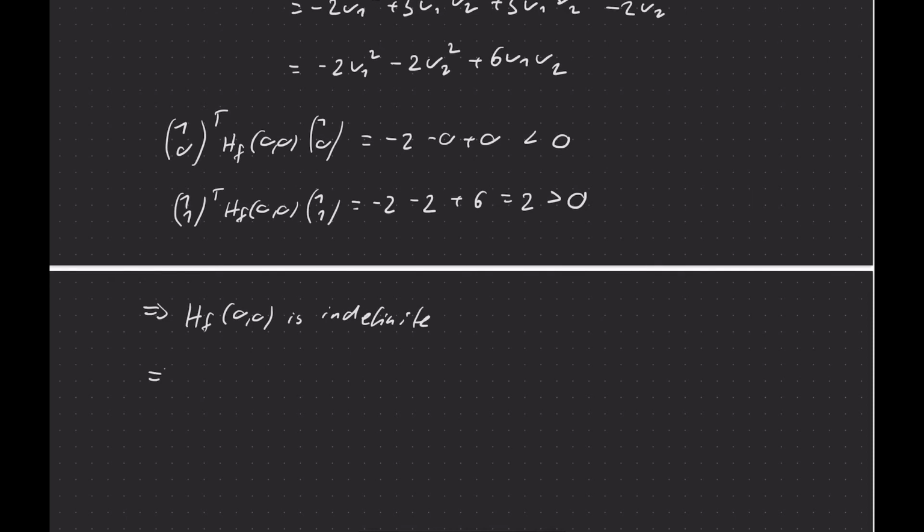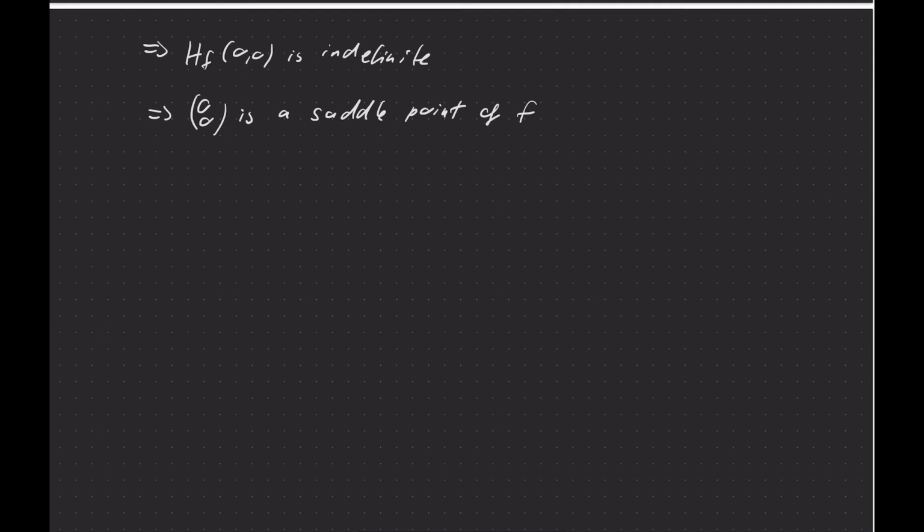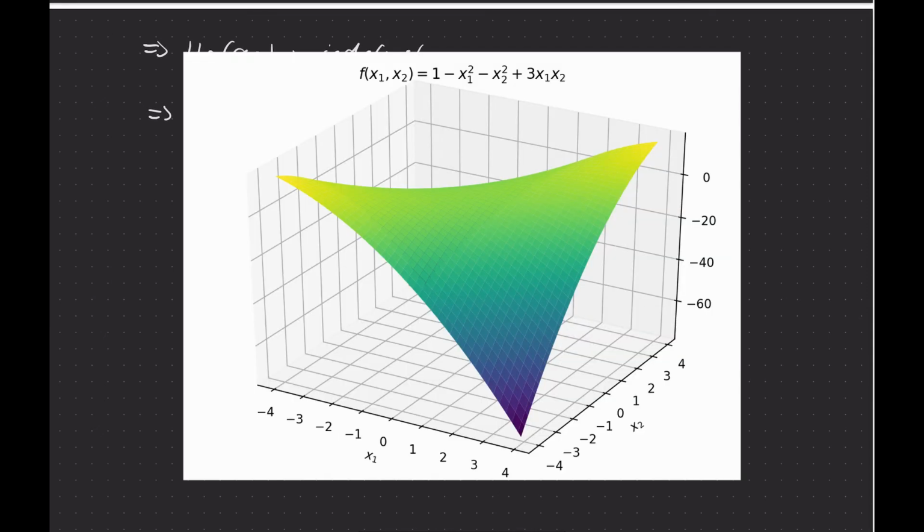And that means the point 0, 0 is actually a saddle point of the function f. Okay, and to see that this is actually true, here's the plot of that function f. You can convince yourselves that it looks like a saddle point at the origin.